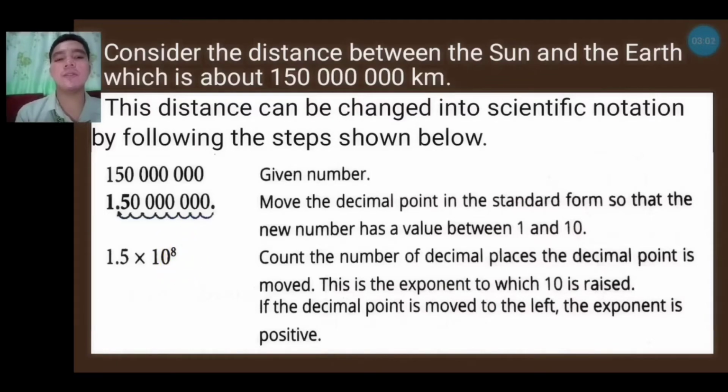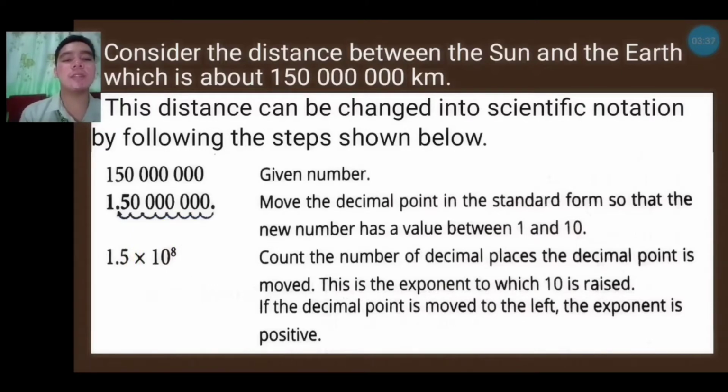Therefore, our scientific notation for 150 million is 1.5 times 10 raised to the 8th power. Count the number of places the decimal point is moved. That is the exponent to which 10 is raised. As you can see, 8 places, so we raise 10 to the 8th power.